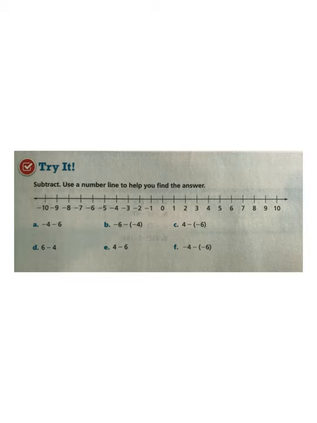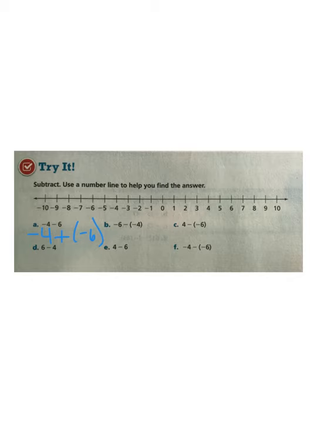So if I look at letter A, I know that I'm going to keep my negative 4, I'm going to change to addition, and my positive 6 is a negative 6.